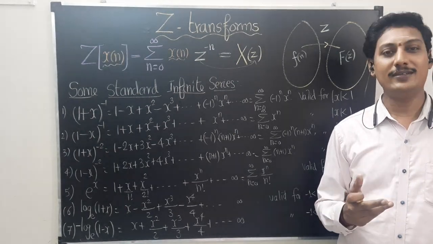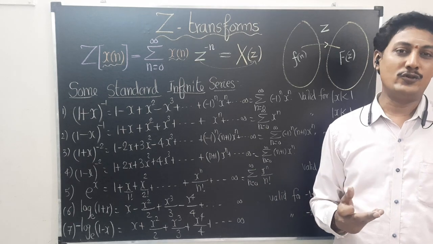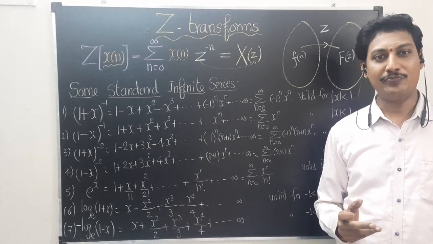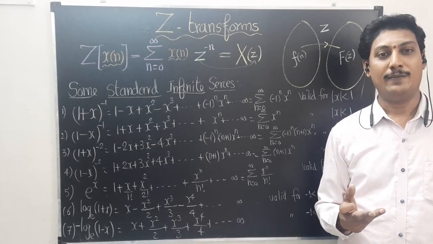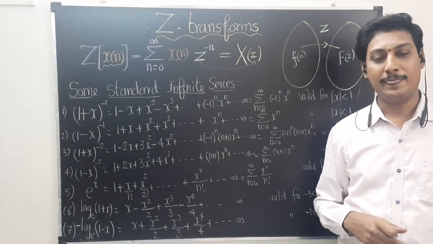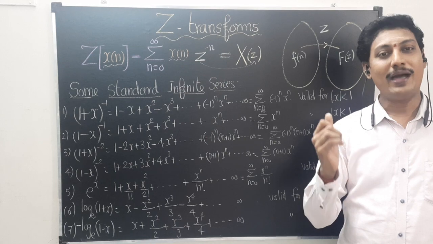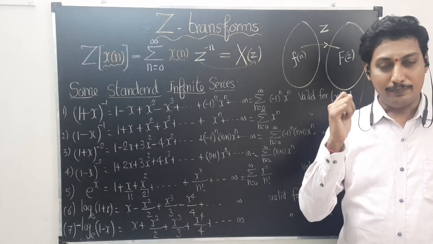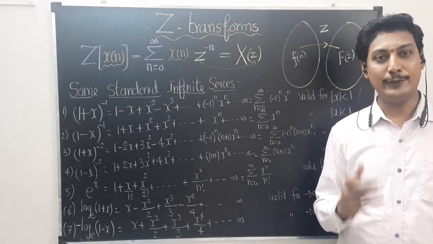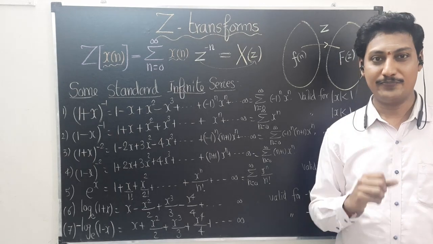We have already seen that there are some more transformations like Laplace transform or Fourier transforms. Please go and watch the separate video playlist on Fourier transform and Laplace transform. But those two transforms are mainly used for continuous type systems.